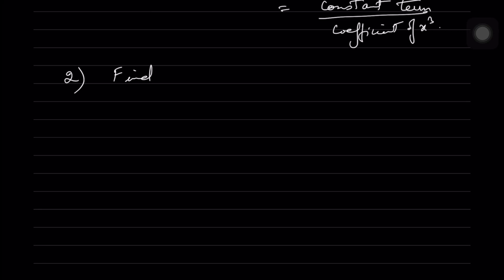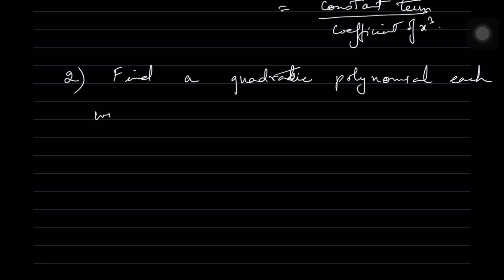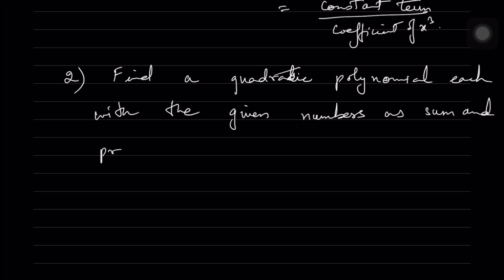So now going into the second one: find a quadratic polynomial each with the given numbers as the sum and product of its zeros respectively.